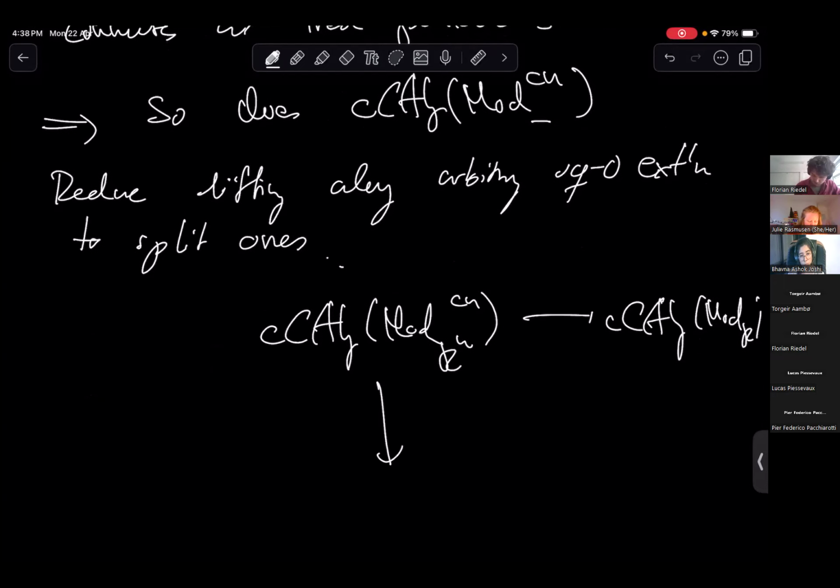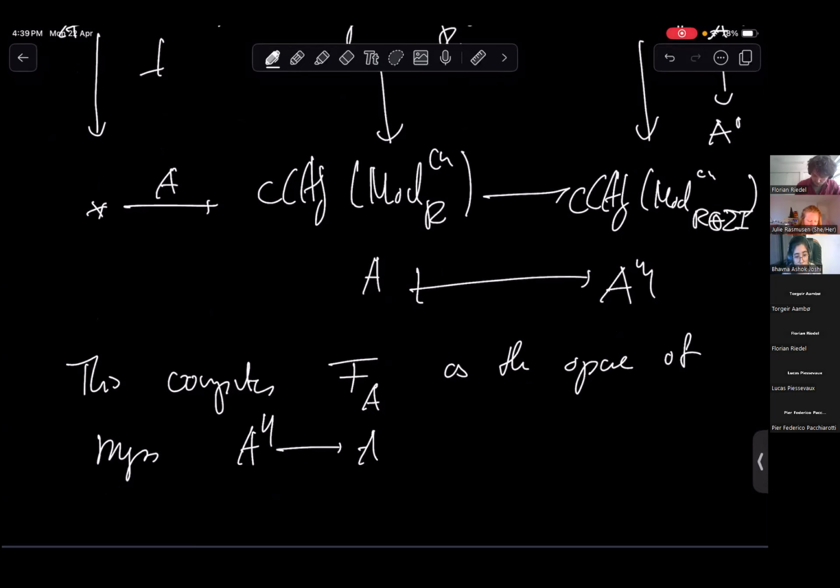This computes the fiber as the space of maps A eta to A0 lying over the identity from A to A.